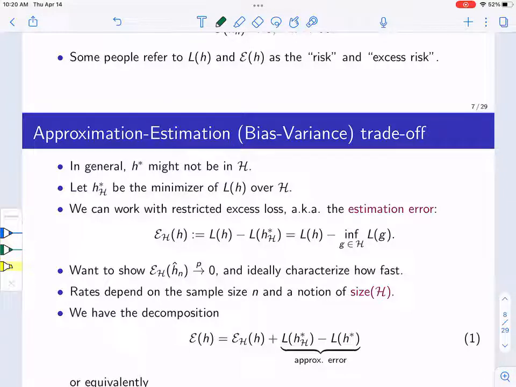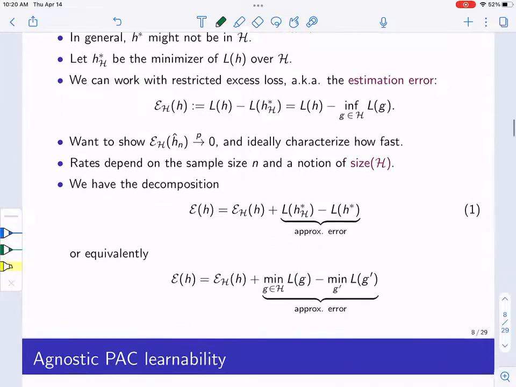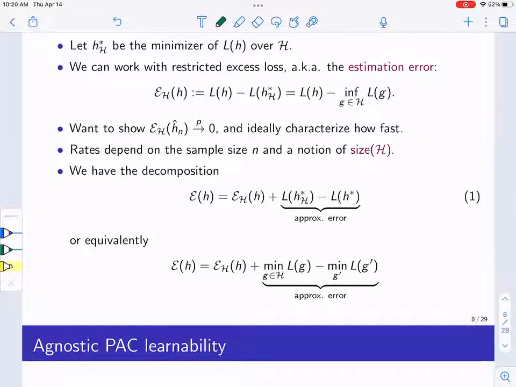Then we can look at this restricted excess loss, or you can call it the estimation error, which is the loss minus the loss of the best in class H. So L of H minus the infimum over all the functions in H. Usually what we want is for this restricted excess loss or estimation error to go to 0 in probability. Ideally we want to characterize how fast it goes to 0. We'll see rates depend on the sample size and also a notion of the size of the function class.